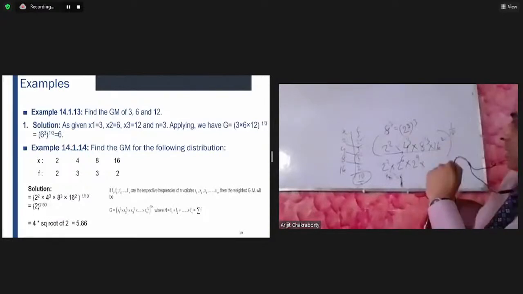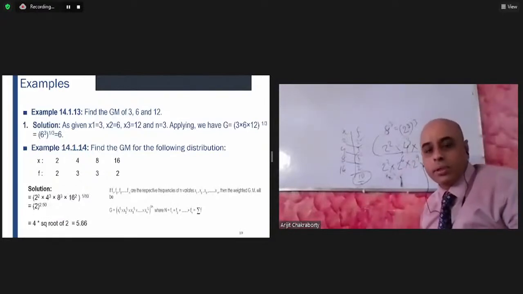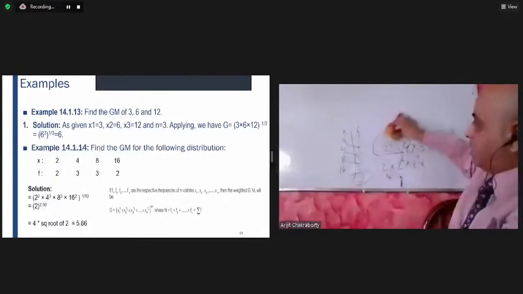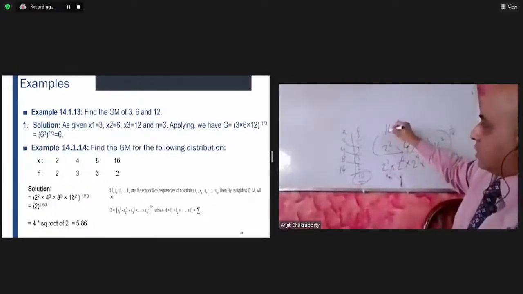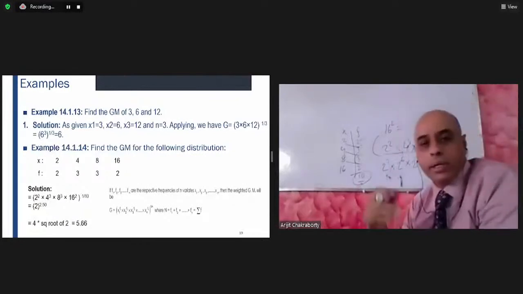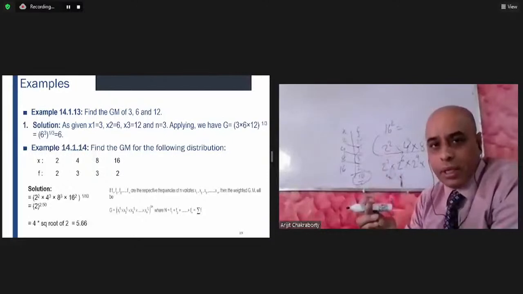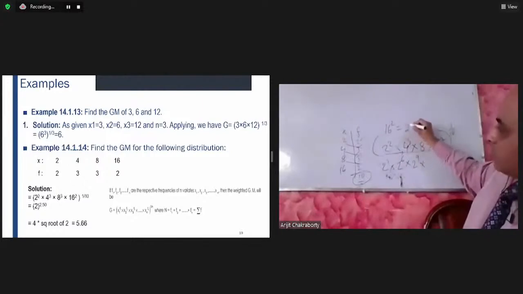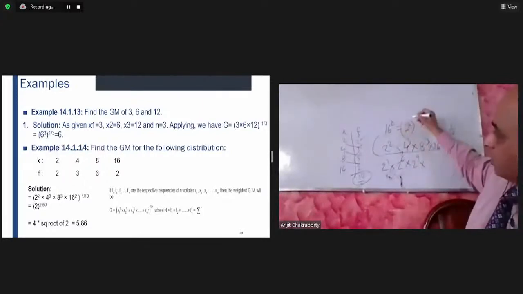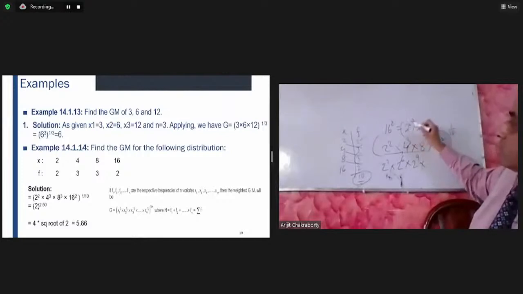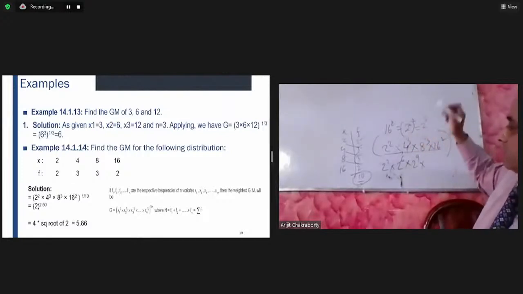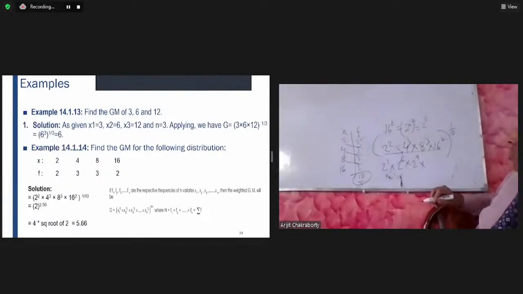Plus we have 16 square. 16 square means what? 16 I can break in terms of how much? 2 to the 4 to the 8 to the 16. So 2 to the power 4 gives me 16. So I can write 2 to the power 4, and on top of that this 2 will come. So this is equal to 2 to the power 4 into 2, that is 2 to the power 8. So let me just check. Yes. So it becomes 2 to the power 8.